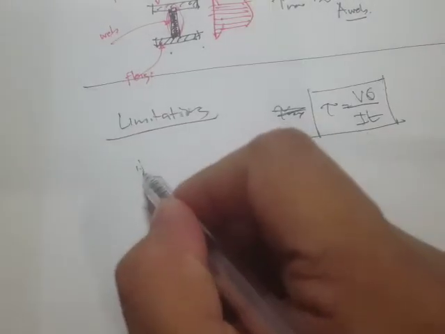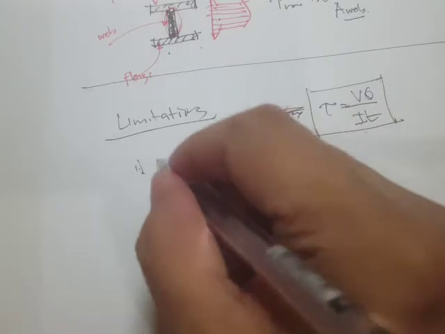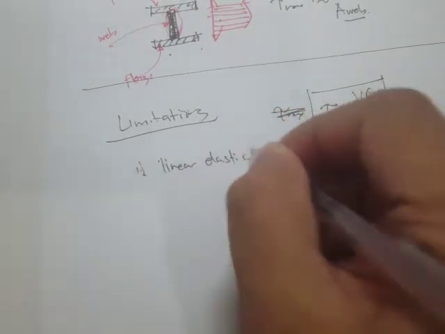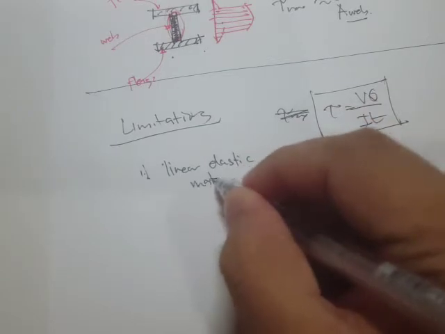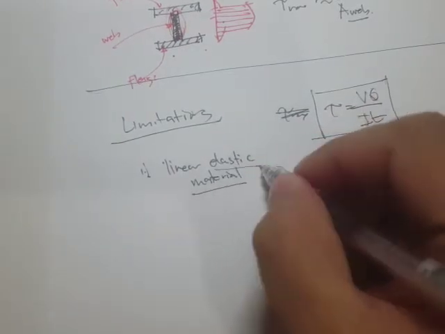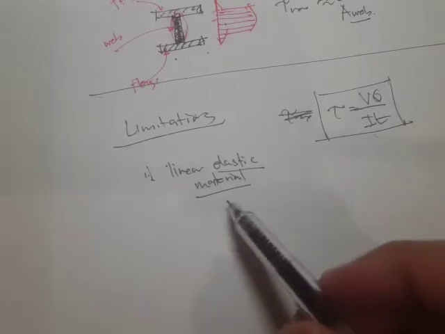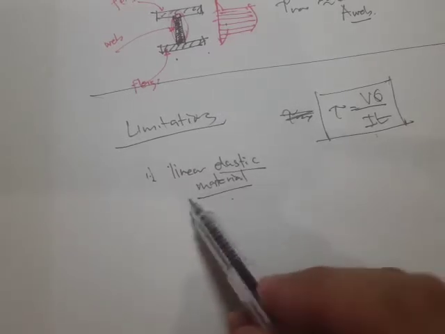So take note that this is valid only for beams of linear elastic material. That means that when you load it, it deforms, and the deformation is linear. And if you unload it, it goes back to its original shape or position.